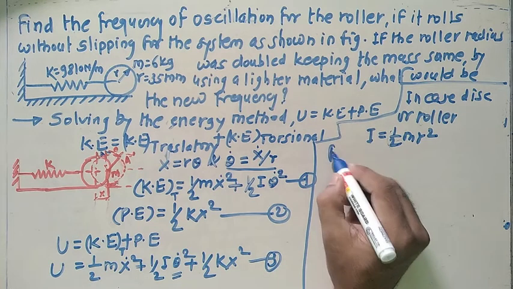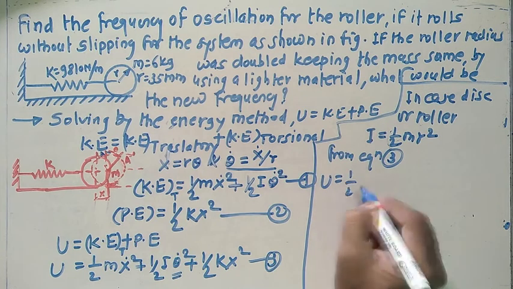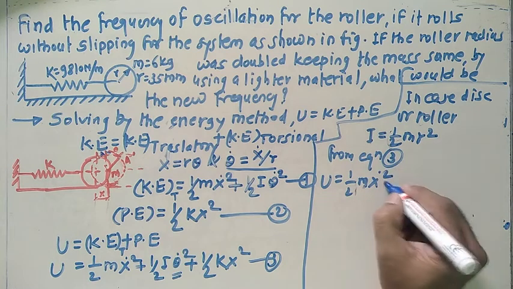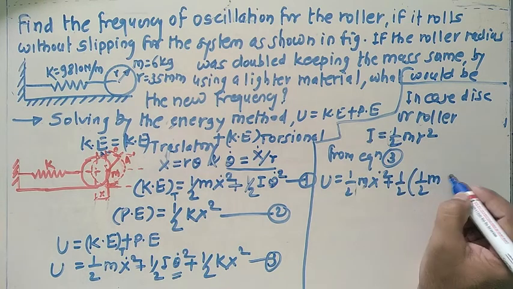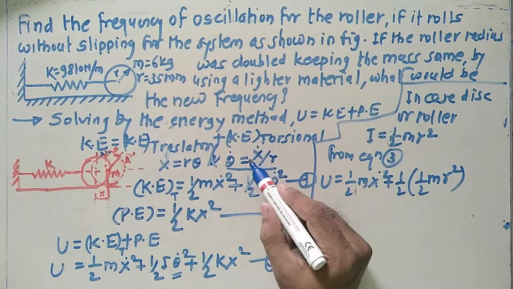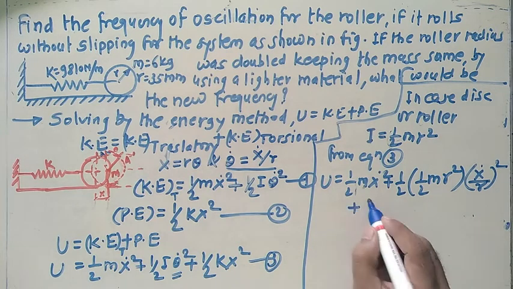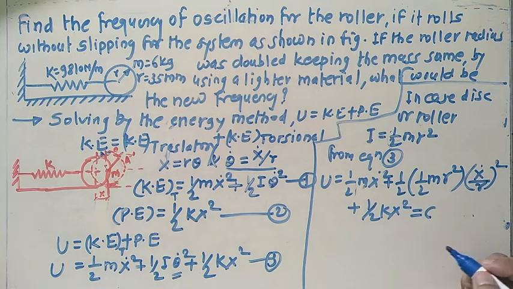From equation number 3, we get U equals 1/2 m x dot square plus 1/2, where I is replaced by 1/2 m r square, and theta dot is x dot divided by r, whole bracket square, plus 1/2 k x square, which must equal a constant as per the energy method.